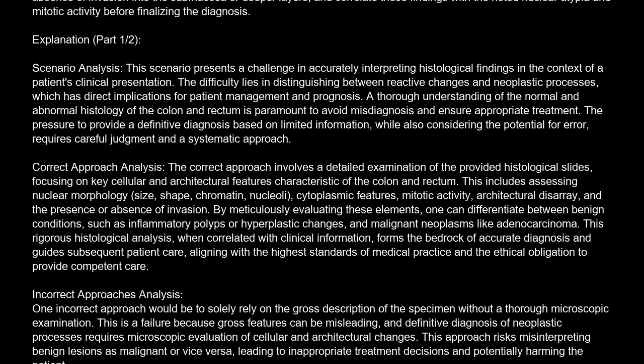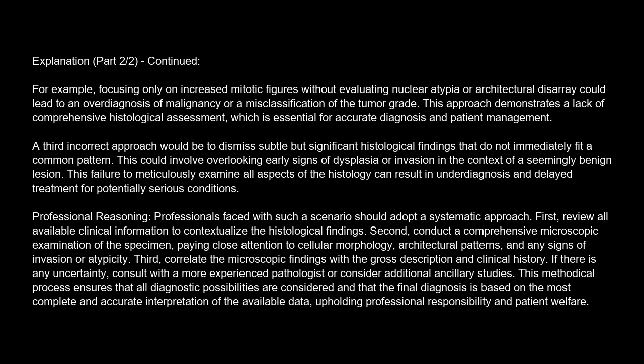Another incorrect approach would be to make a diagnosis based on a single, prominent histological feature without considering the overall picture. For example, focusing only on increased mitotic figures without evaluating nuclear atypia or architectural disarray could lead to an overdiagnosis of malignancy or a misclassification of the tumor grade. This approach demonstrates a lack of comprehensive histological assessment, which is essential for accurate diagnosis and patient management.